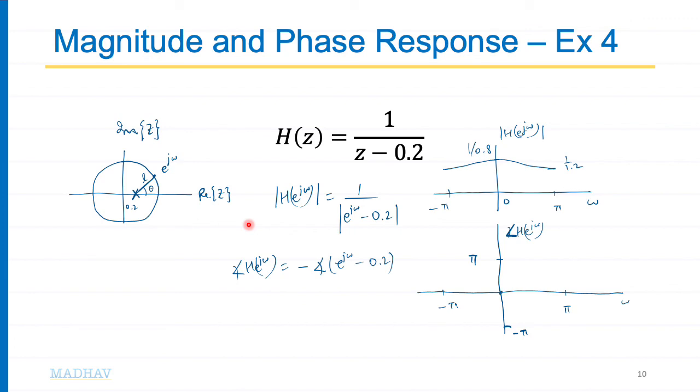At 0, it is 0. That makes good sense. At plus pi, theta is pi. When my omega is pi, theta is pi, but I want minus theta, so minus theta will be minus pi. So I will get a point here. Similarly, when I go to negative pi, my theta is also minus pi, but minus theta will be equal to plus pi. That's why I get plus pi here.